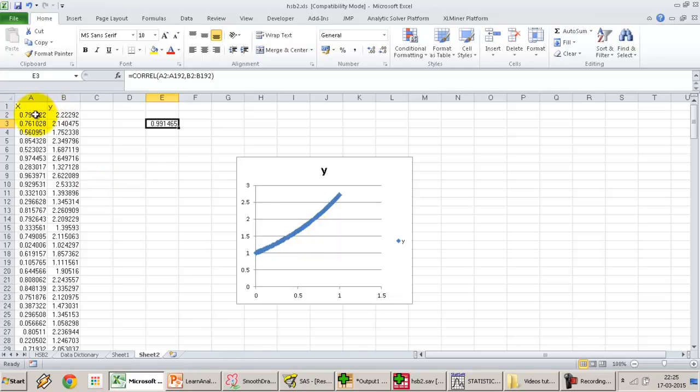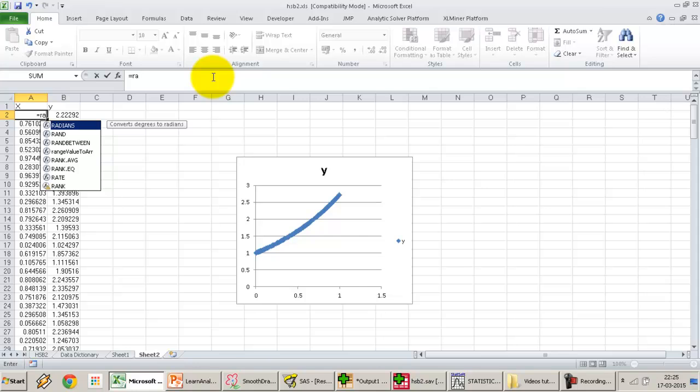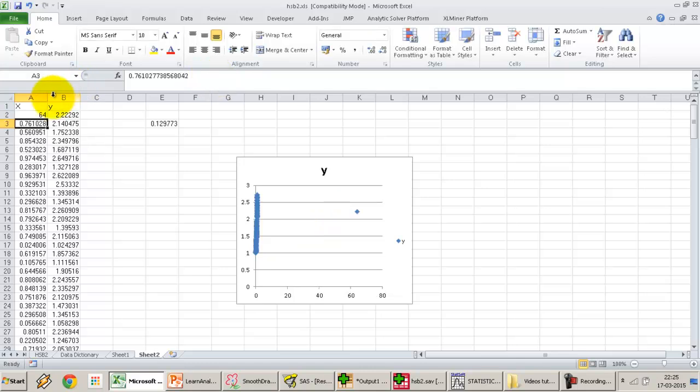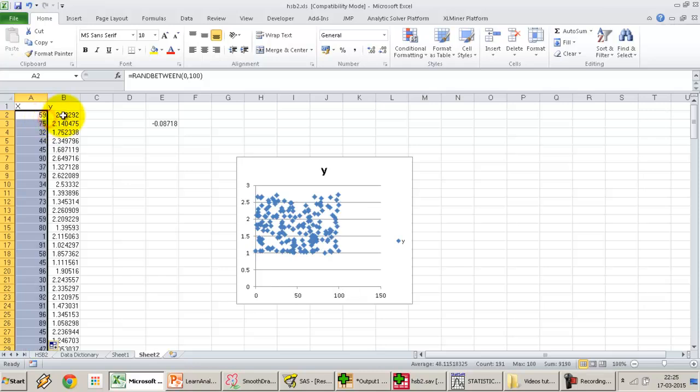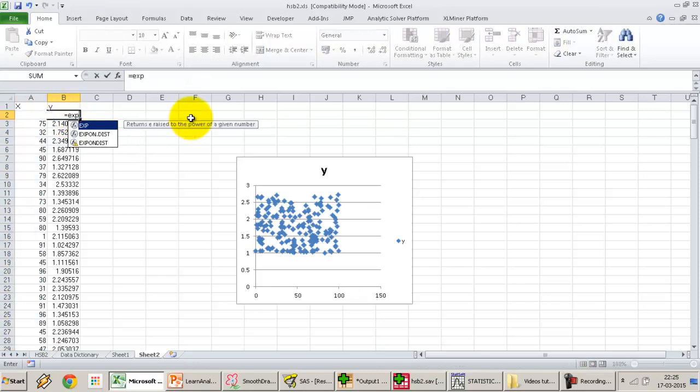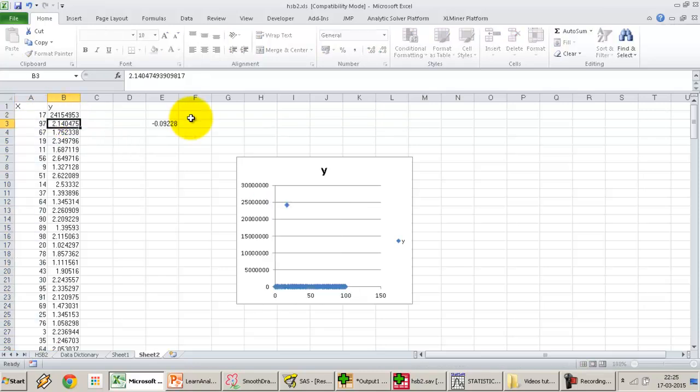So if I change this from a random variable between 0 and 1 to an even bigger variable, this problem will get even more inflated. For example, I use the RANDBETWEEN function and generate a value between 0 and, let's say, 100, and I generate the exponent based on this.